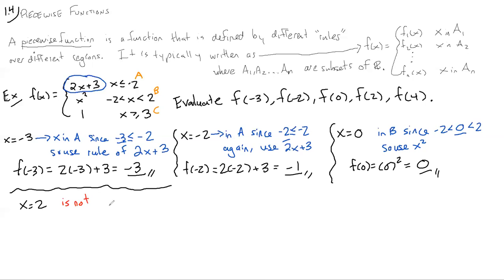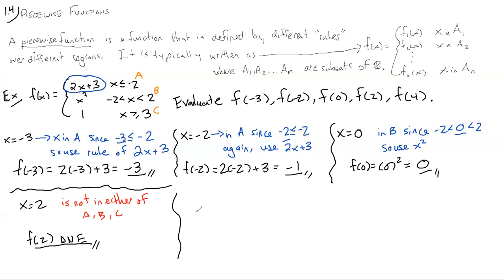It's certainly not smaller than or equal to negative 2. So it's not in any region. So in this case there is no output. So f of 2 does not exist. There's no rule for it, so it doesn't exist. It wouldn't have a point on its graph.